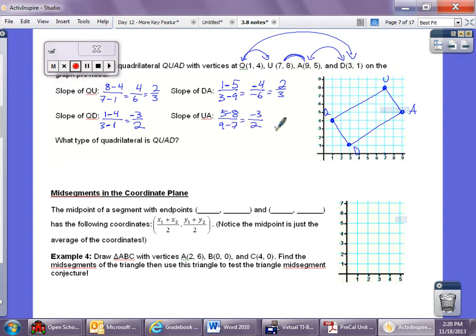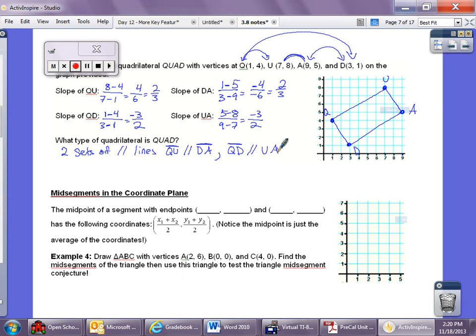So what type of quadrilateral do we have? Well, what we know is that we have two sets of parallel lines. QU is parallel to DA, and QD is parallel to UA.